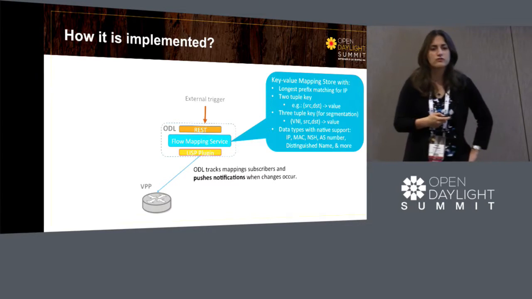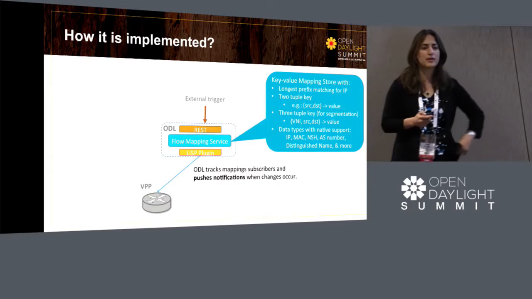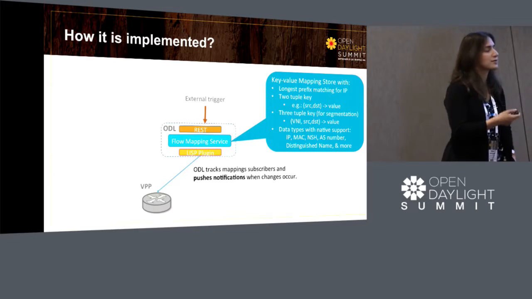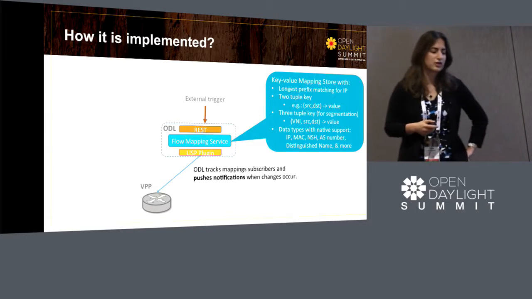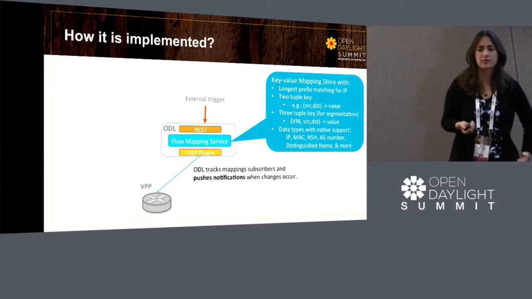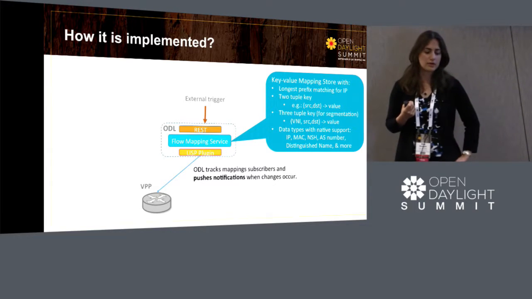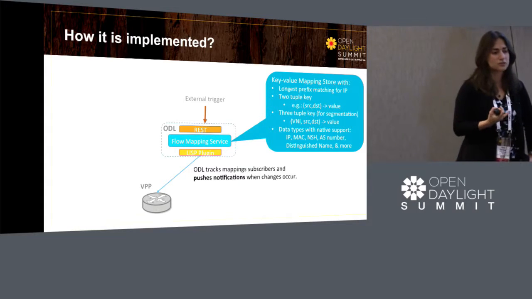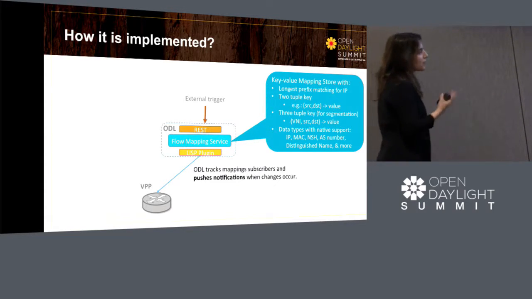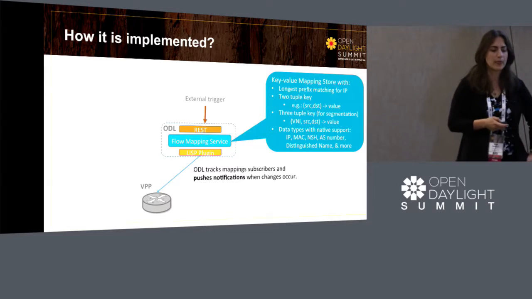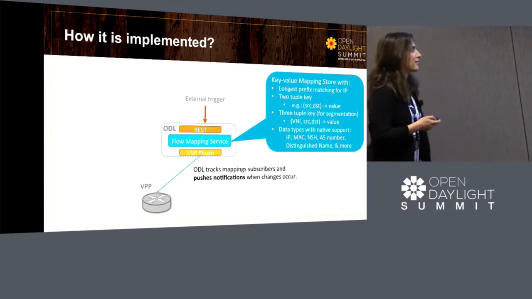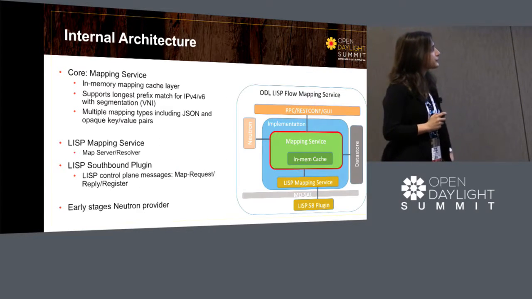And there's also support for three-tuple mappings to support multi-tenancy and segmentation, where the first level would be VNI. As I mentioned, multiple data types are supported, IP and MAC being some of them, but also NSH or service paths, distinguished names, AS numbers. So a large set of policies and mappings can be implemented natively, but we also support opaque mappings, so you can define your own data types.